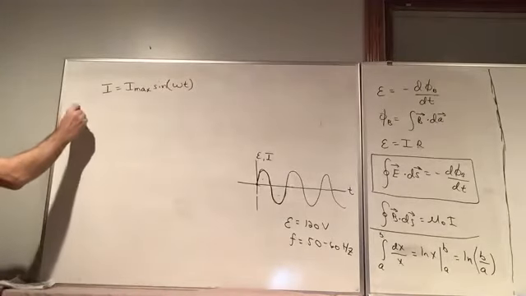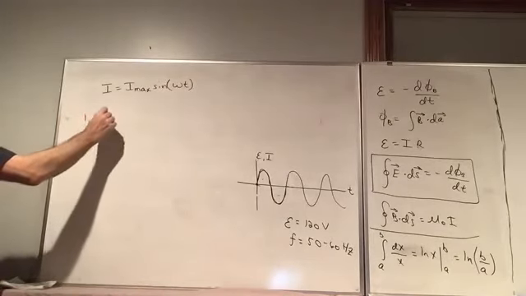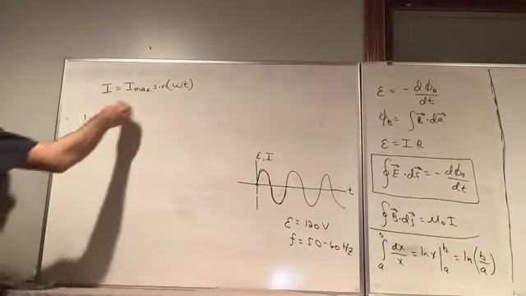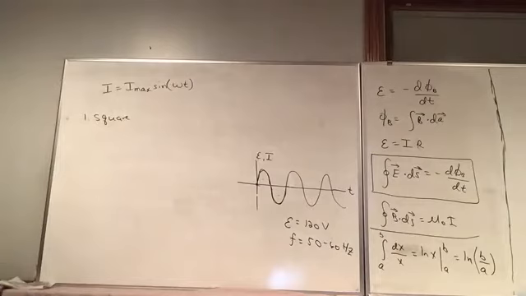So if we square that, now we have sine squared, which is always going to be positive. So this gives us all positives.